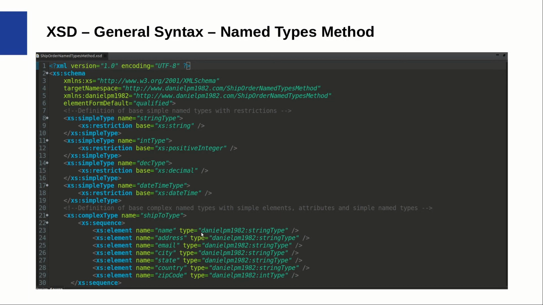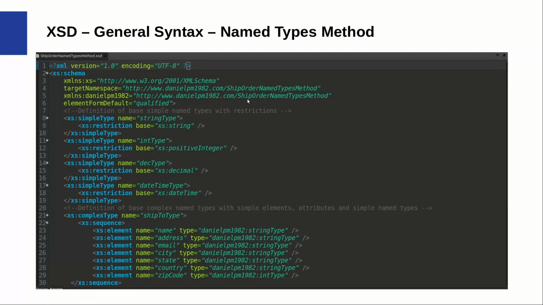Instead of referring to those global types with ref attributes, as they are not elements now, they are types, we refer to them using the type attribute, as here, but it's very similar to the divided method and as useful as it.